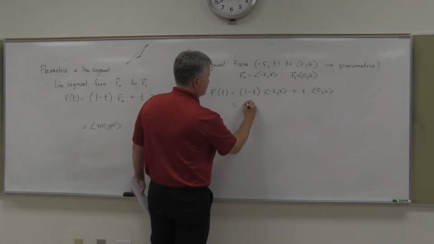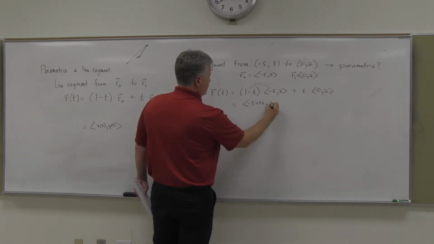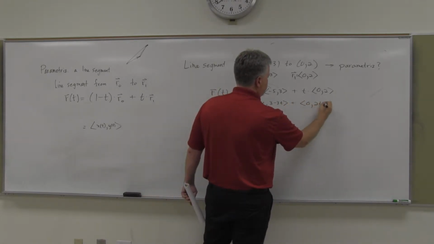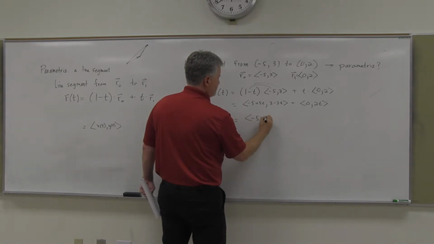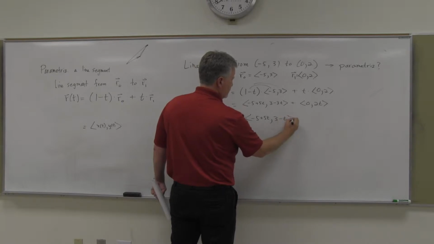The 1 minus t times these would be negative 5 plus 5t, comma 3 minus 3t, plus then of course 0, 2t. We add those together and have negative 5 plus 5t, comma 3 minus t.